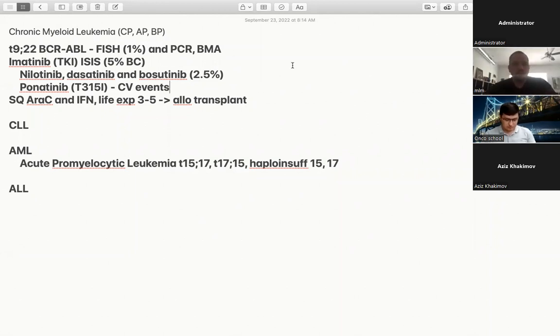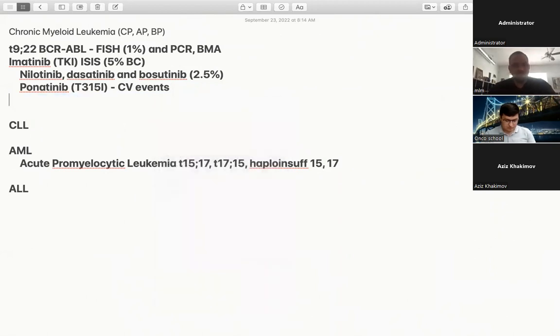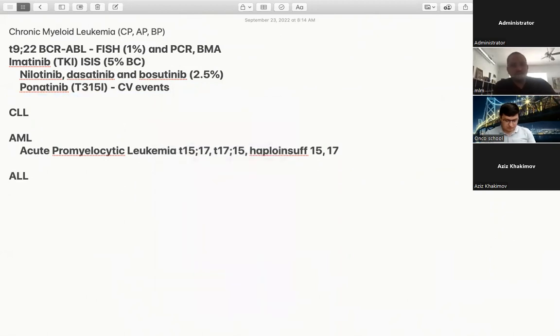So when you're looking for someone and diagnosing them with CML, they need to have the FISH, the PCR, the bone marrow aspiration to correctly phase them out. We would typically then be treating them with imatinib up front. If they are not responding to imatinib, then you would do mutational profiling looking for the T315I.